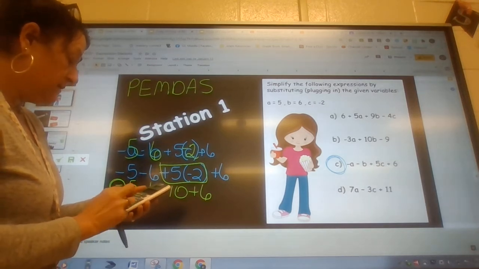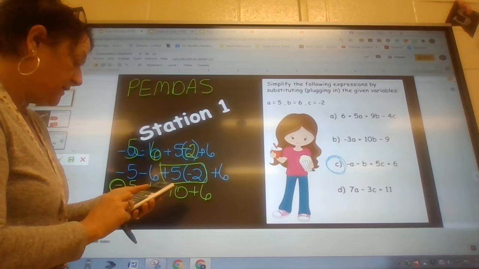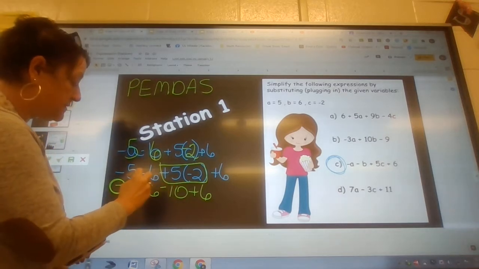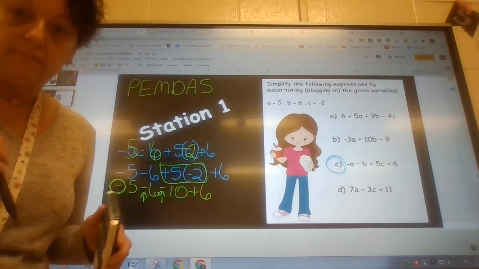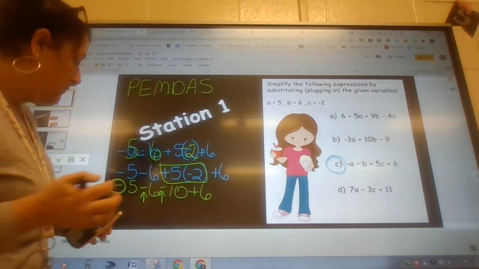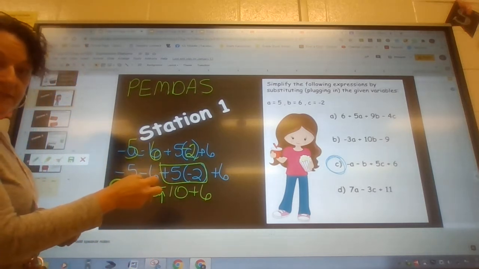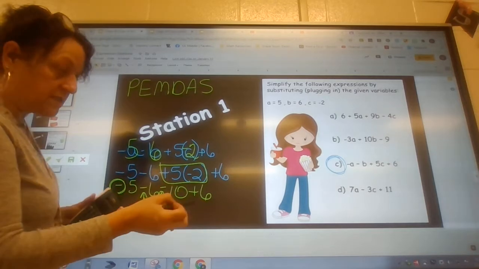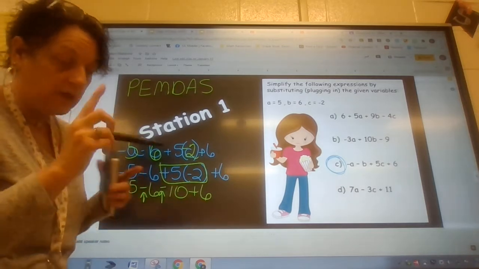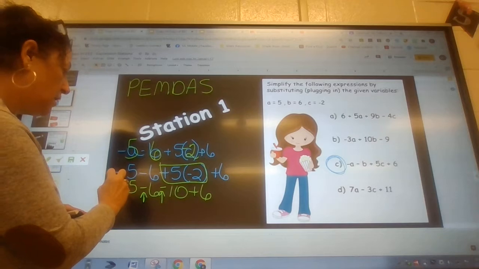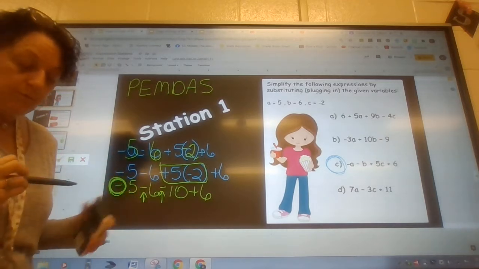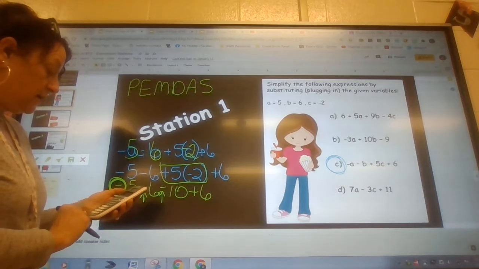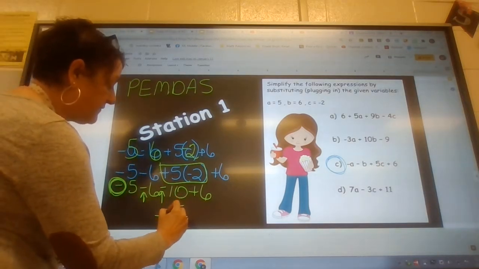So -5 minus 10 plus 6. Now, this goes in the calculator because we're subtracting a positive 6, which is the same thing as a negative 6. Keep that in mind, but this has to go in as a negative symbol. Okay? Hit enter, and I get -15.